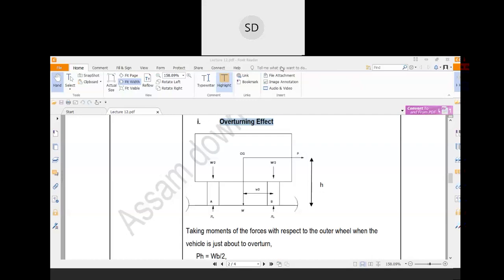For both cases, the transverse skidding effect and the overturning effect, that coefficient of friction value is fixed as 0.15.